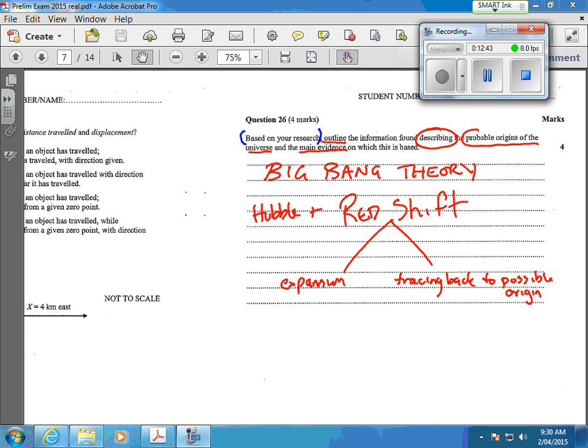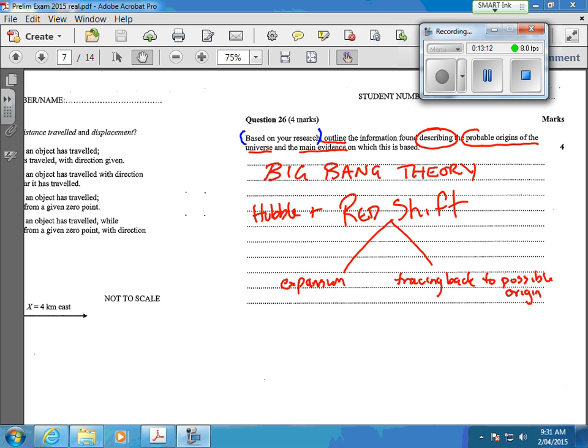You could talk about uneven distribution of matter throughout the universe. You can talk about the distribution of antimatter to matter throughout the universe. You can talk about the equalizer, anything like that, any evidence at all that you find in a textbook. You just got to find something and make the link back to the Big Bang.